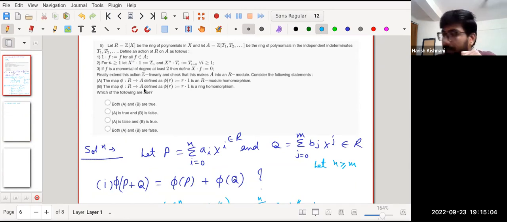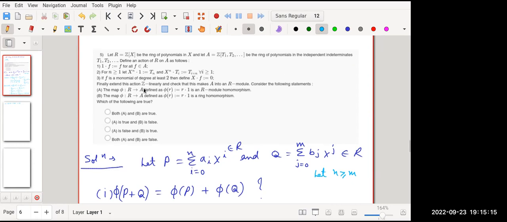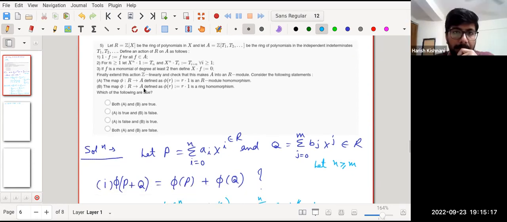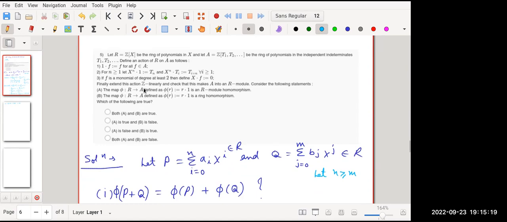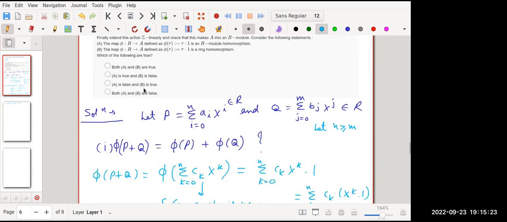Oh my goodness. Sir, r would be a polynomial here and p would be a polynomial in t variables. Yes, yes. We have made some silly mistake in the above also. Yes sir, because p and q belong to A, so the variables should be infinite.